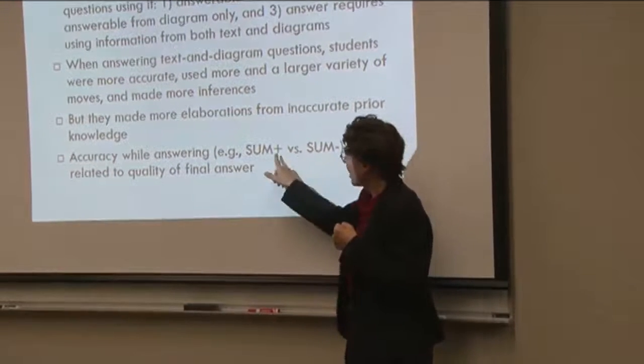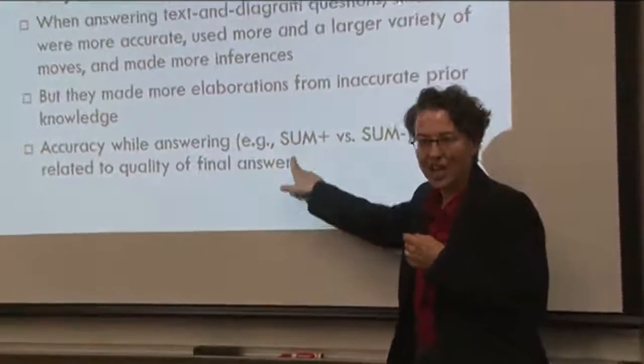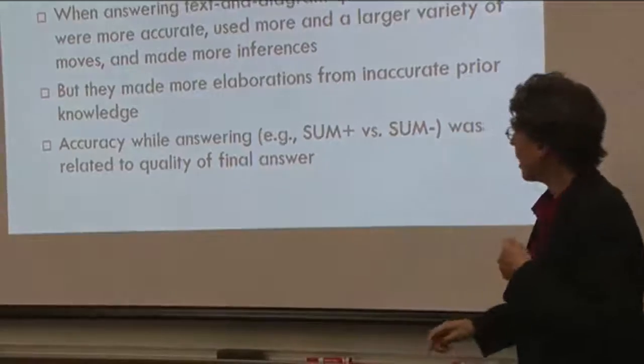But here, it was the more accurate move, so accurately summarizing, accurately paraphrasing, that was related to the quality of their answers. So to me, that's sort of a lingering question.